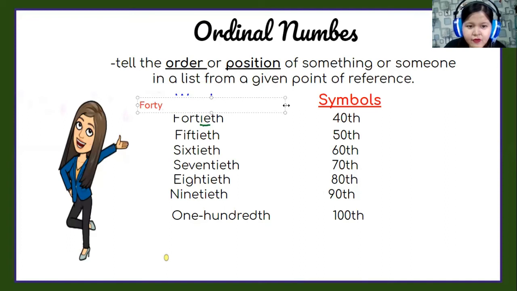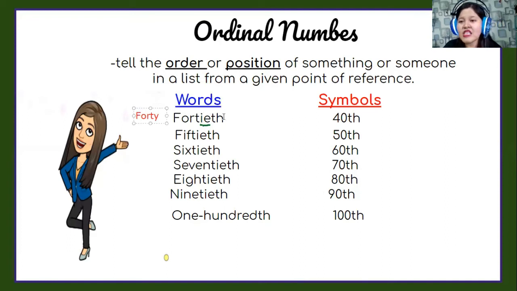From the word forty, it becomes fortieth. So, Y is changed into IE, because we cannot write fortyth. There is no such thing. We will say fortieth. So, 40th, we have here 40 and then TH, 50th, 60th, 70th, 80th, 90th, and 100th. For 100, there is also TH. So, always remember all of this.